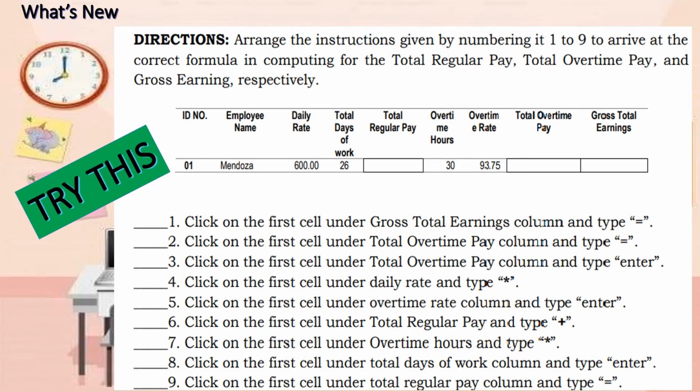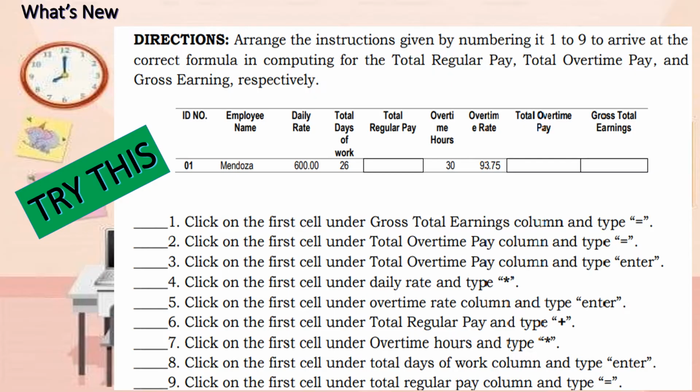Okay. For this slide, you are going to have an activity where you will guess which step should be done first. Just explore to come up with the total regular pay, total overtime pay, and gross earning.